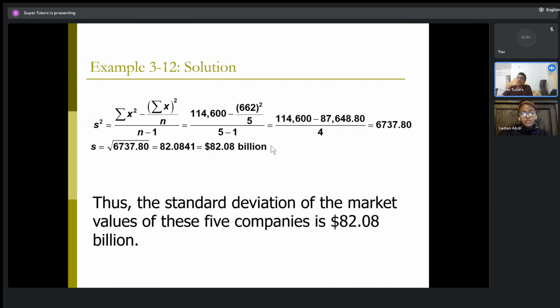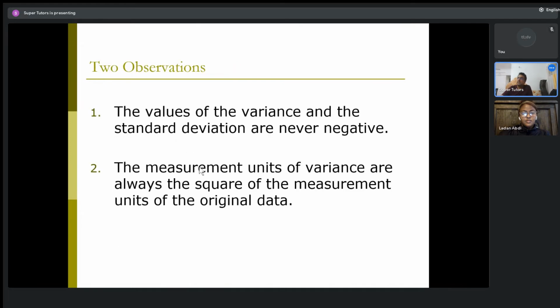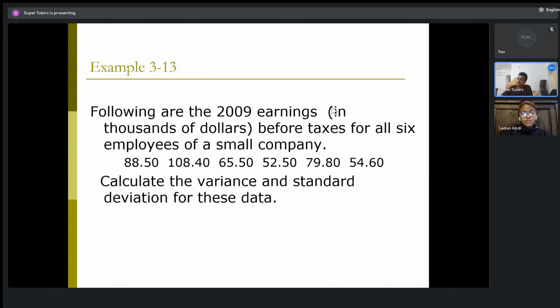And when you take the positive square root of that, that number will obviously be positive. Second thing is measurement units of variance are always the square of the measurement units of the original data. Like when we calculate area, it's centimeter square, not centimeter, right? A similar concept.